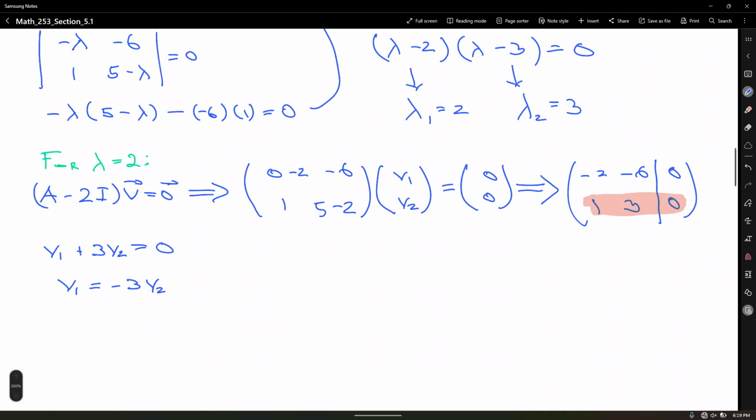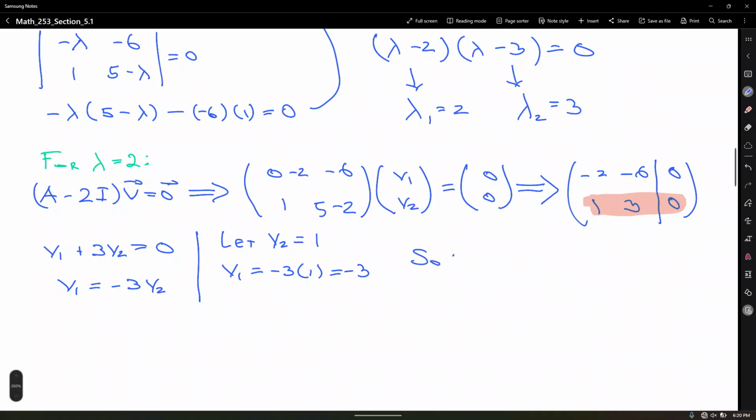I'm going to go straight to just grab one of the rows, write it as an equation, and check this out. I'm going to let v2 equal your favorite number, guys. Doesn't matter which one. I'm going to choose 1. So v2 equals 1. That means v1 equals negative 3 times 1, which is negative 3.